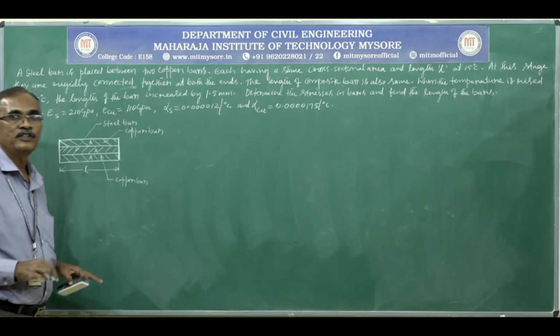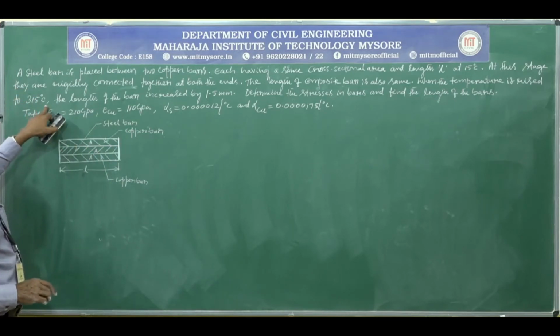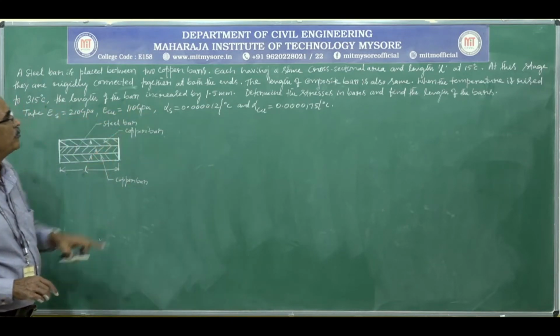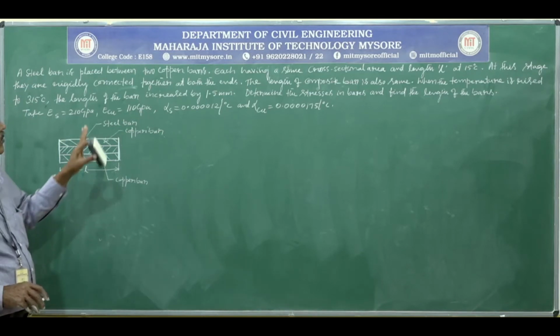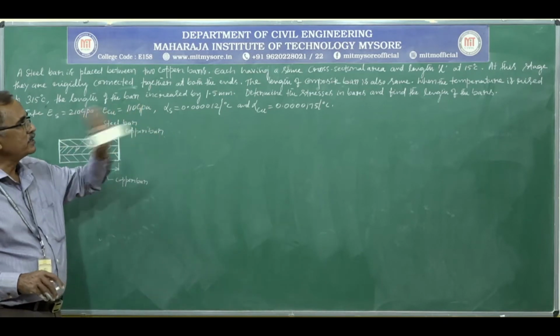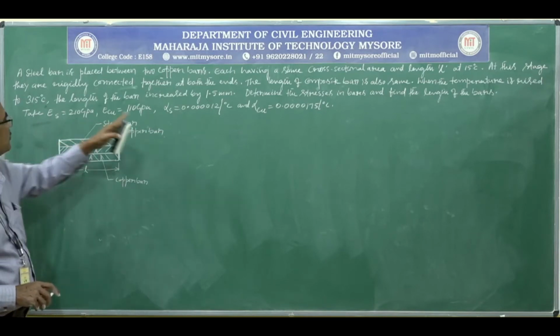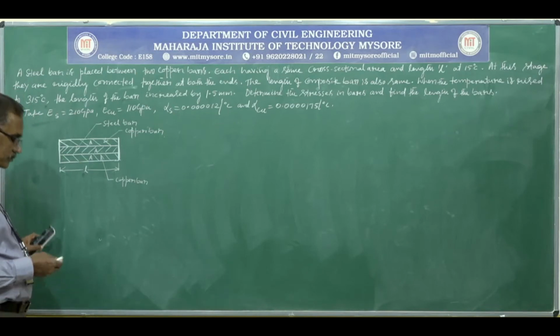When the temperature is raised to 315 degrees centigrade, the length of the bar increased by 1.5 millimeter. For this condition, we are asked to determine the stresses in bars and also to find the length of the bars by taking Young's modulus and the thermal expansions.